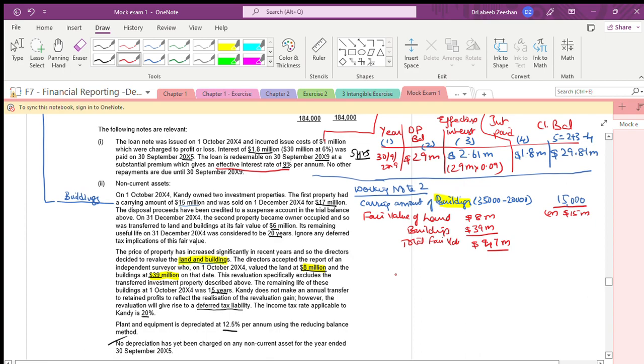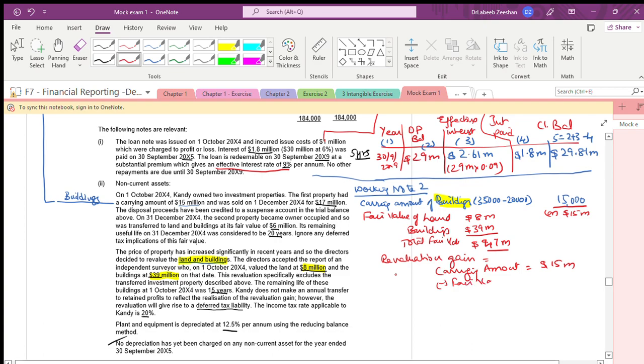Now revaluation gain. Is it at carrying amount? Carrying amount is 15 million, minus fair value.